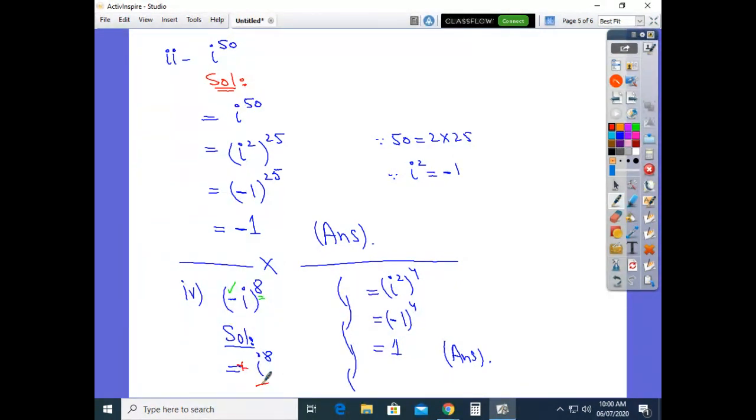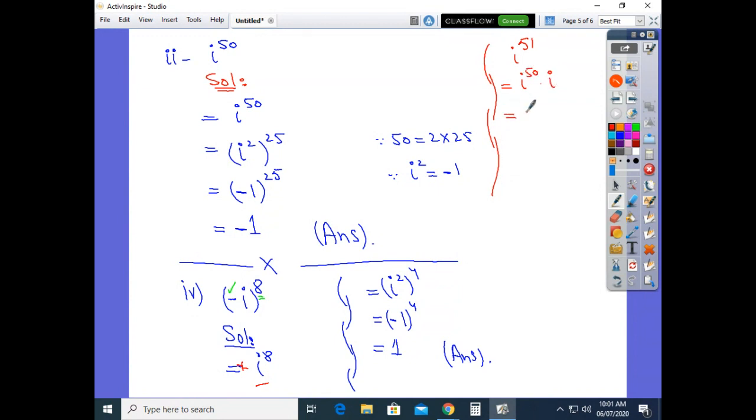Abdullah, go ahead. Sir, see, iota power is 50. Suppose the power was 51, then what do we do? If the power is 51, first of all we split it into 50 and iota.